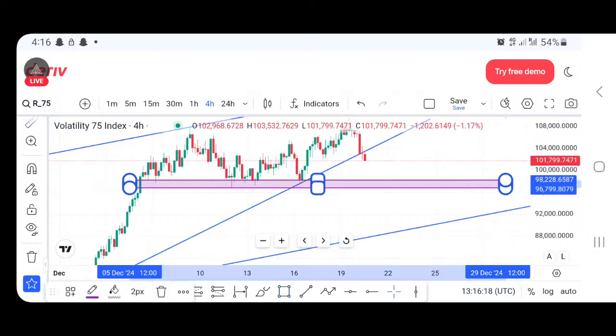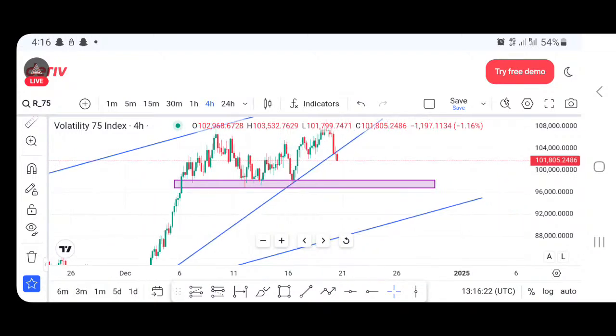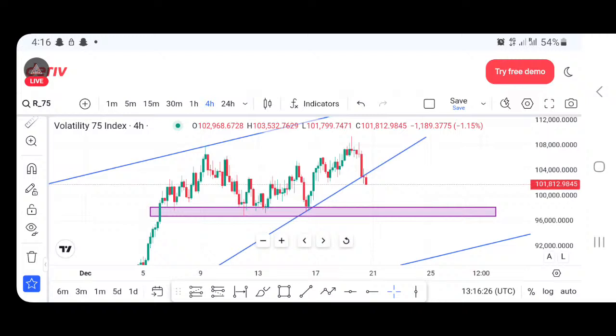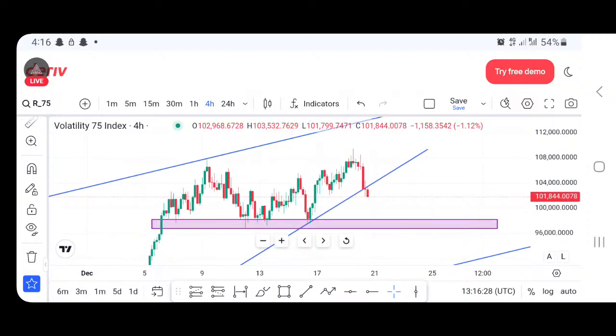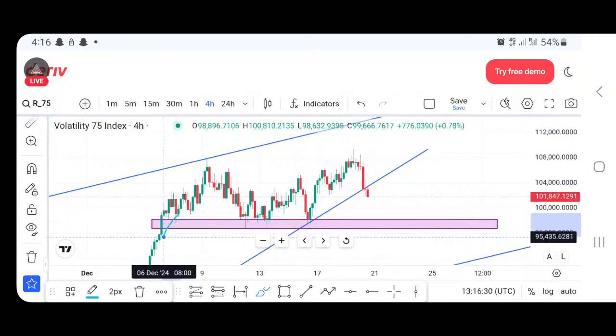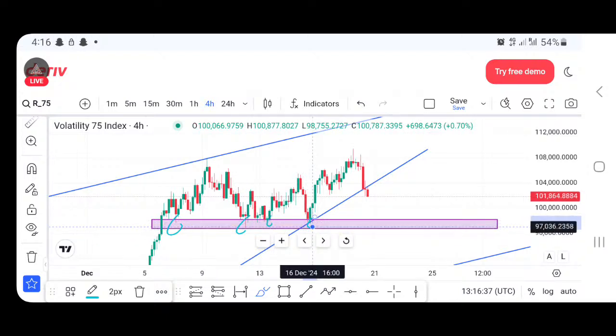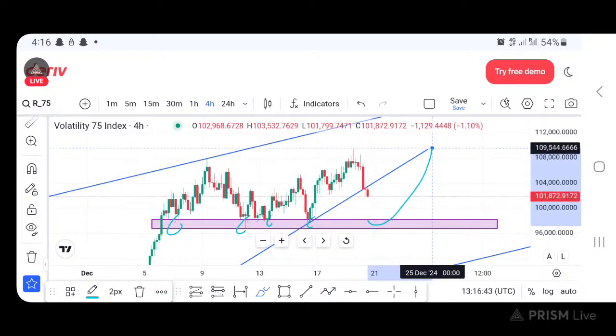If we get that key zone, we wait for the market. We can see that the market has come and bounced around this area for the first time, the second time, the third time, the fourth time. We are expecting that for the fifth time this market can come and bounce from here and go back again. That can be possible.